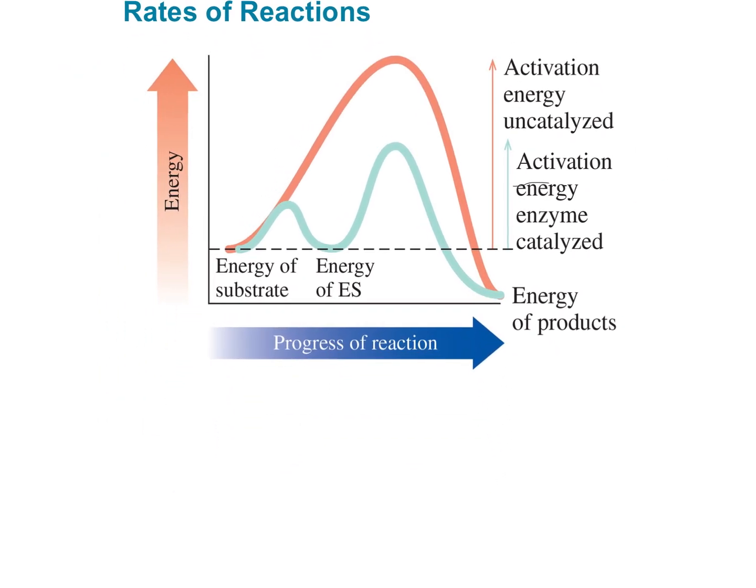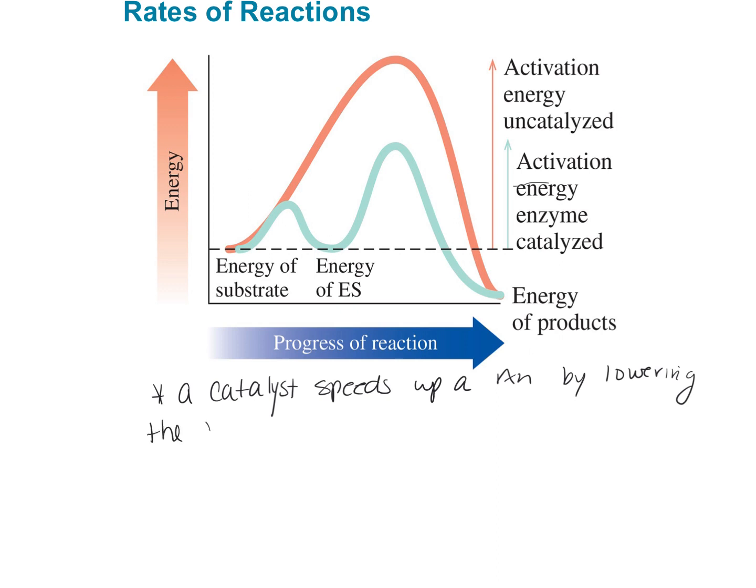We have talked about this before. A catalyst speeds up a reaction by lowering the activation energy. This is accomplished during the formation of the enzyme substrate complex through interactions between the enzyme and the substrate.